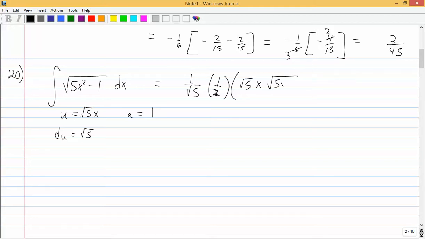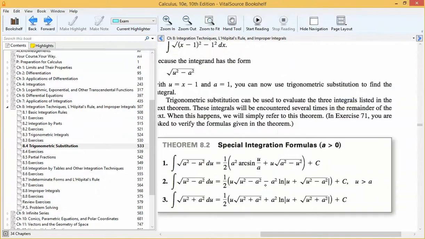So u is the square root of 5 times x, times the square root of u squared minus a squared, which is the square root of 5x squared minus 1, minus a squared natural log of absolute value of u.